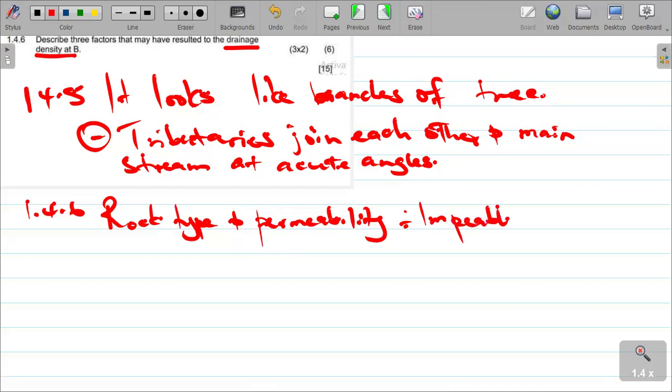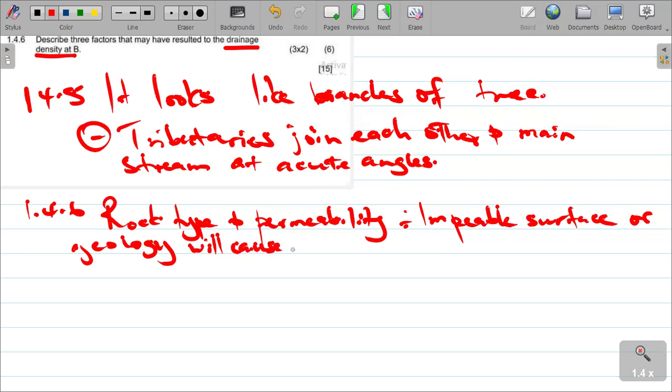impermeable surface or geology. We are saying in this case, impermeable surface or geology will cause more runoff.